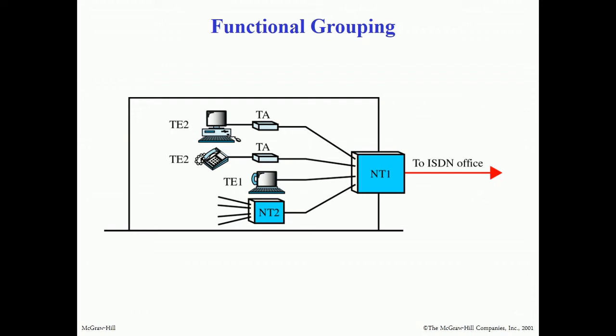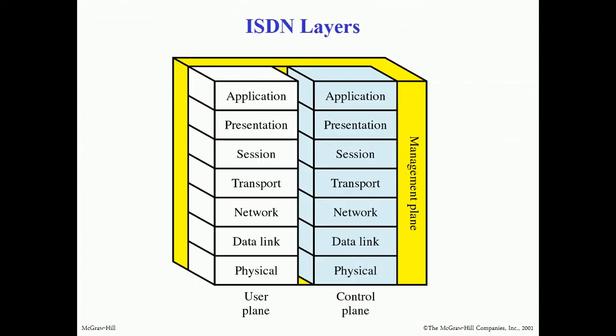There is another network termination device, NT2, which converts the T interface into the S interface, and finally it is connected to the ISDN office.